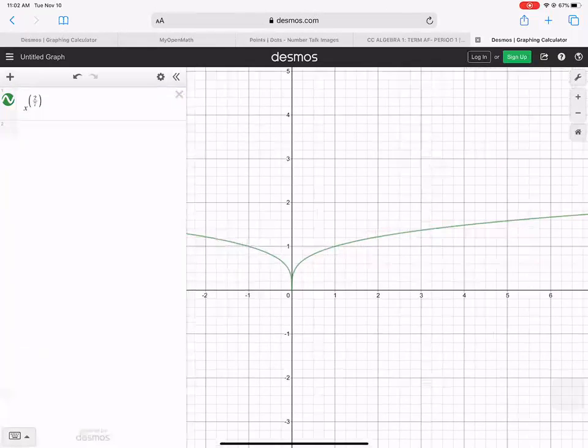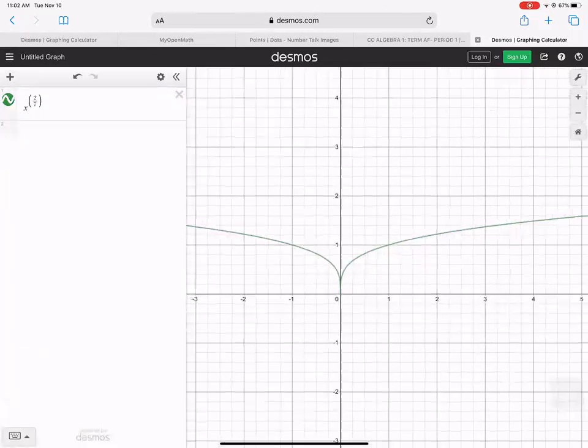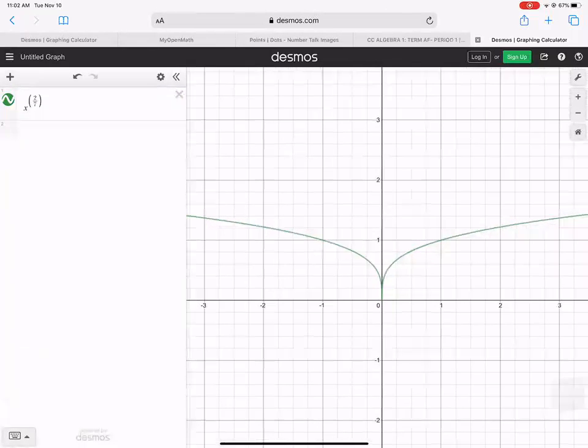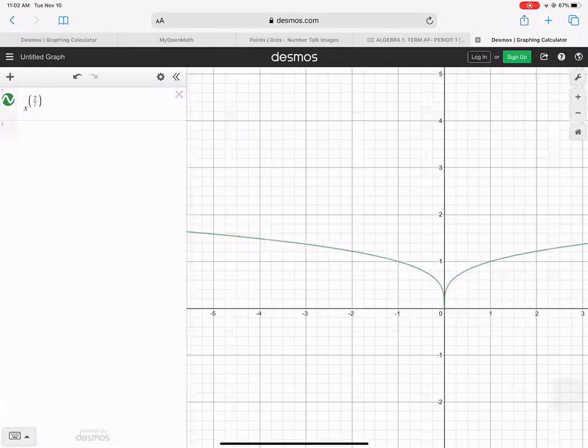We said our graph is from negative 5 to 3. Let's squeeze that in there. So here's negative 5, we said was 1.5 something. We said 3 on the right was 1.3 something. And 0 is our minimum.